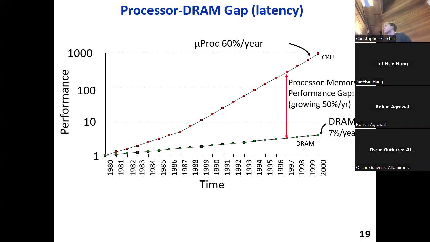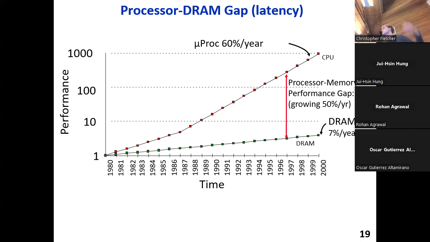And not only that, this has been getting worse over time. This is a graph that shows the latency gap, or the performance gap, quote unquote, between CPUs and DRAM technology from 1980 to year 2000. This covers the golden age of microarchitecture going back to the first lecture.